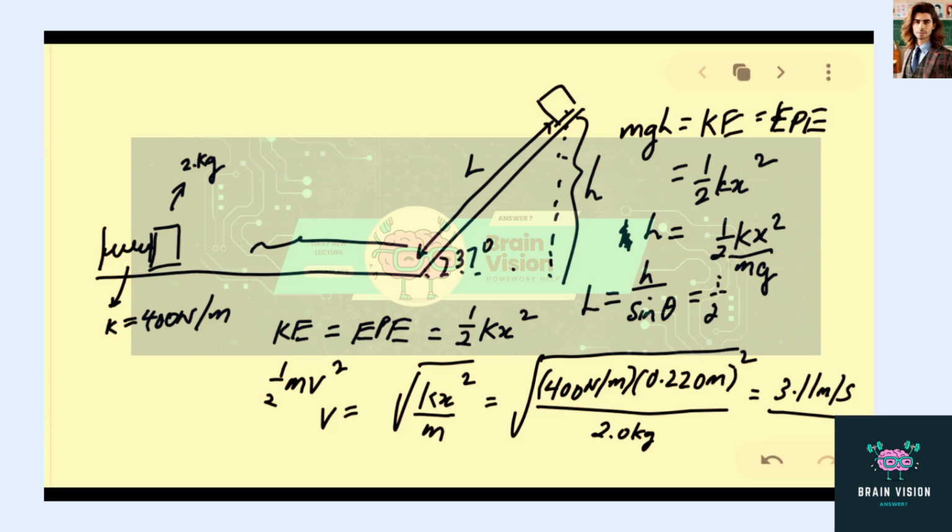So this is half times kx squared over mg sine theta. Evaluate this and we should get 0.82 meters. Right? So this is our final answer.